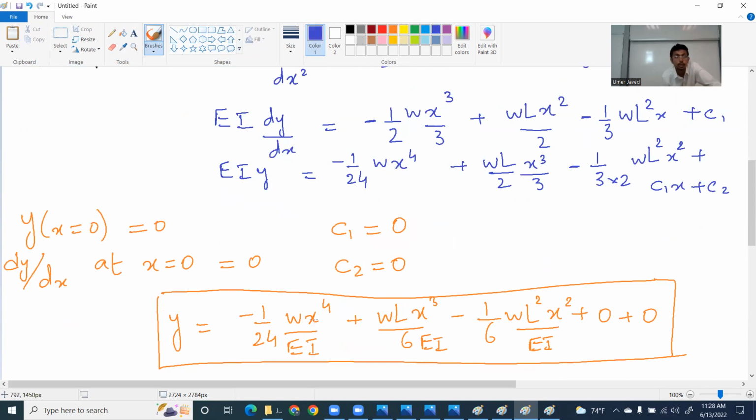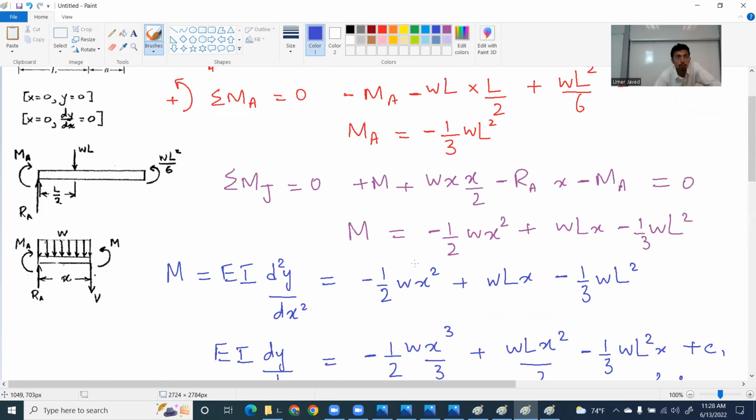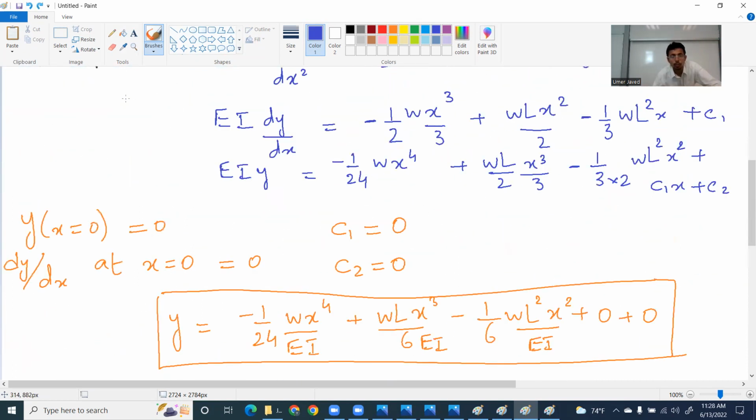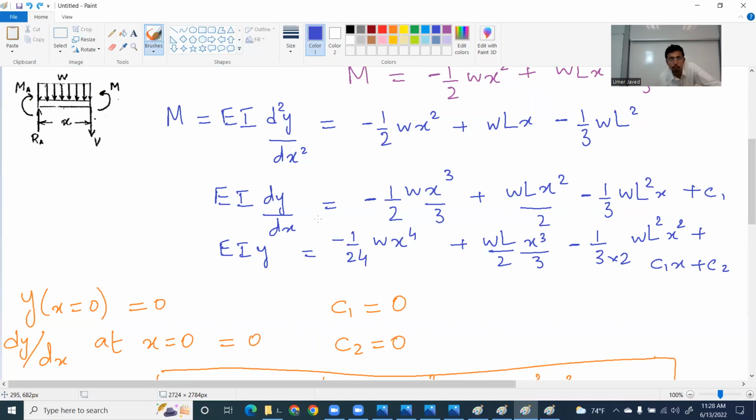Instead of x, substitute x equal to L. You will be able to give me the deflection at point B. Similarly, if I ask you, give me the slope at B. The slope is dy by dx. So you come here, find dy by dx. This is dy by dx. Take the EI to the right hand side.